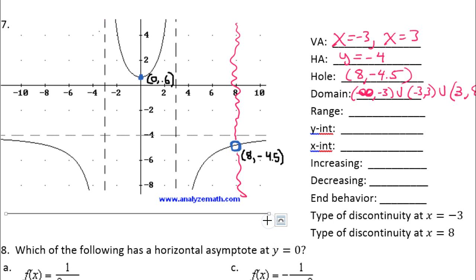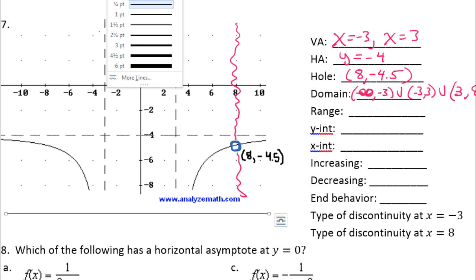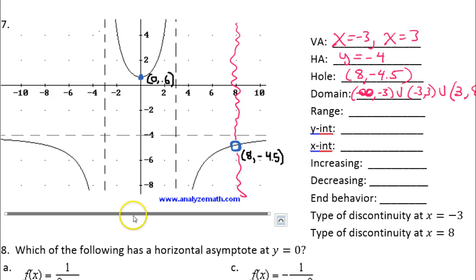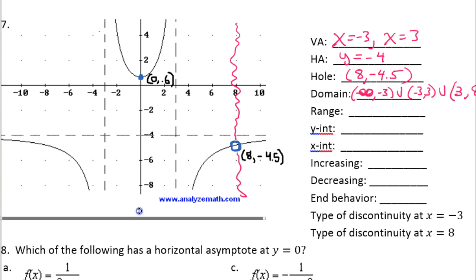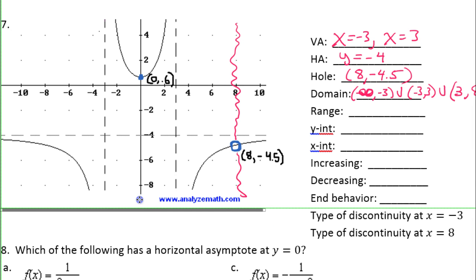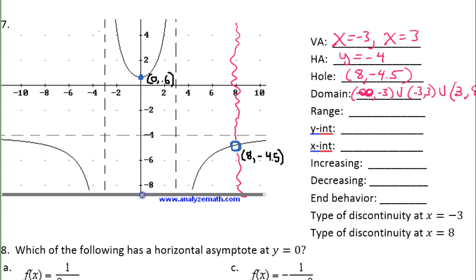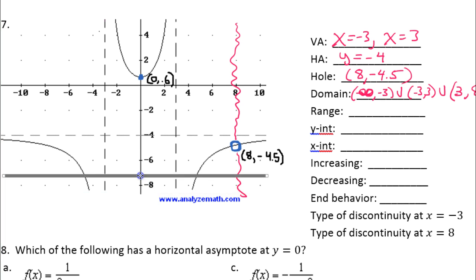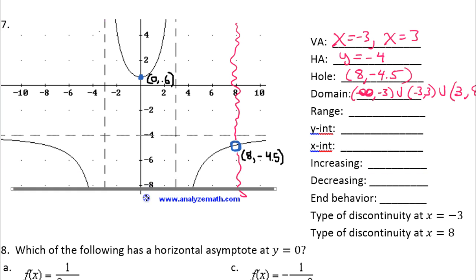So let me use this bar to help you see what is happening. Okay, so this bar detects the presence of a function. Imagine that it does. Okay, so anytime this bar touches the function, it's going to make a sound. So watch this. Beep! All right, it's beeping because it's touching the function.